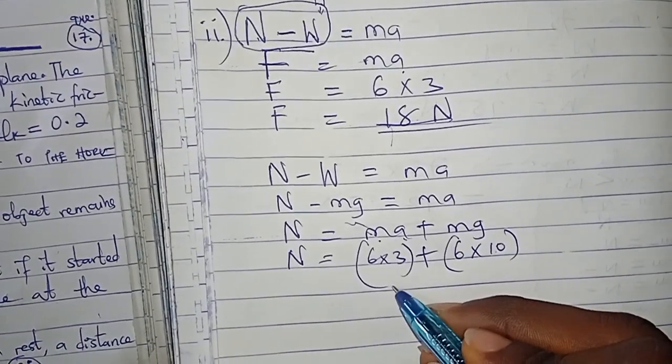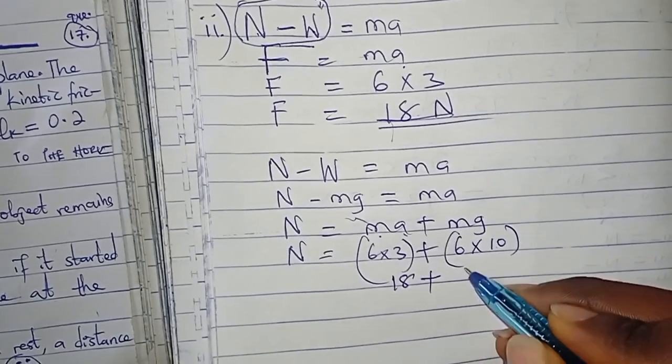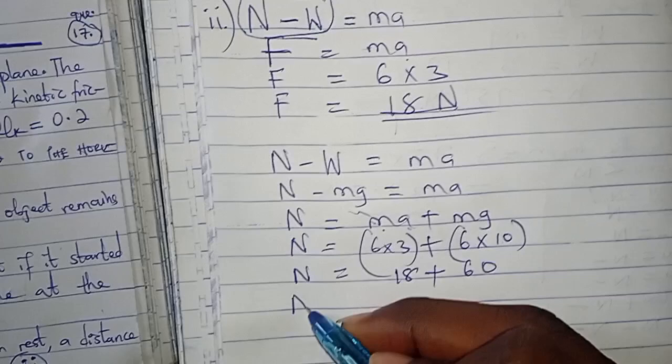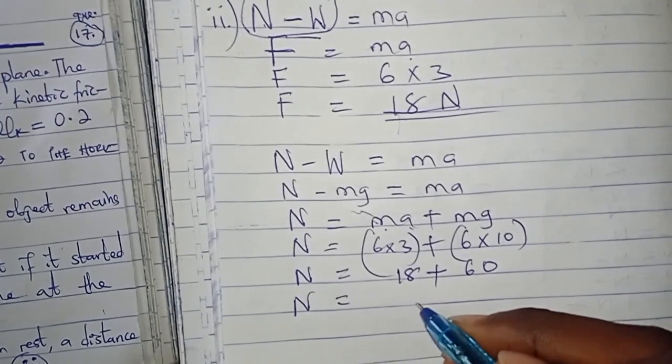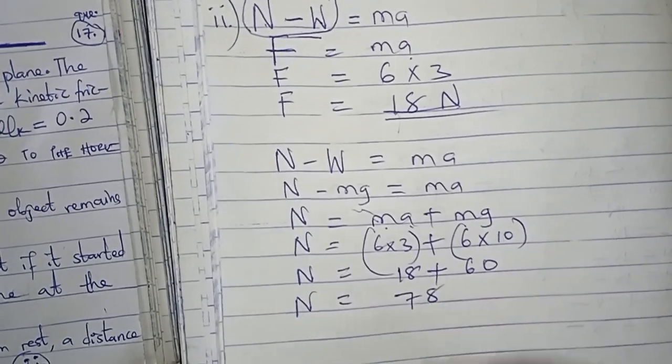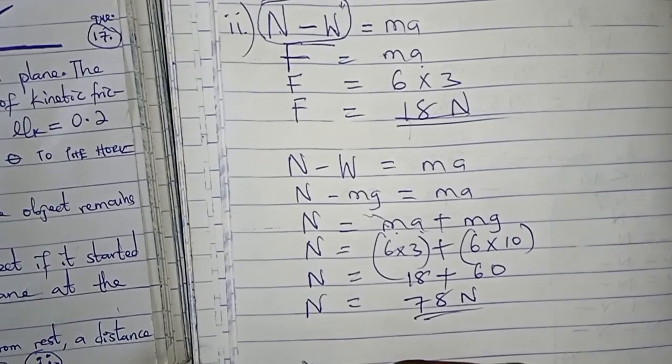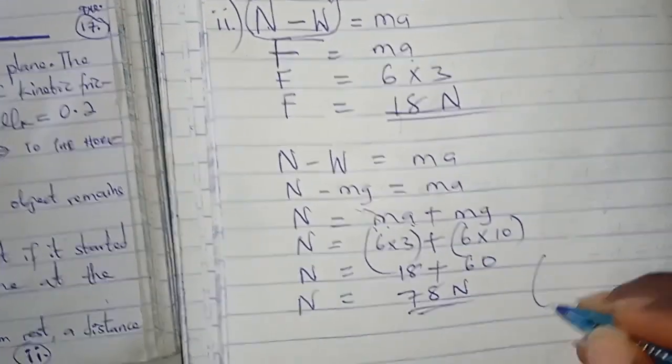So this is the same thing as saying 18 plus 60. N is equal to 78 Newton. So that is for N, the upward force.